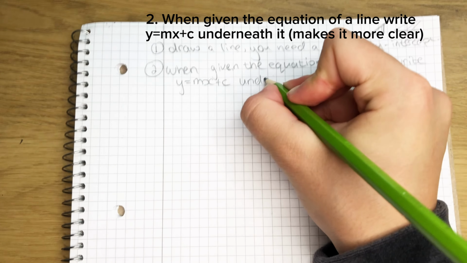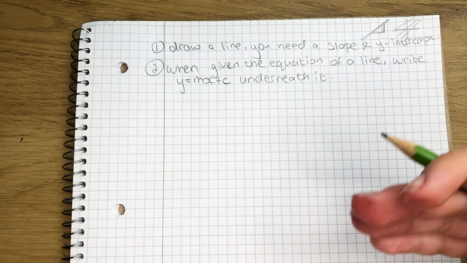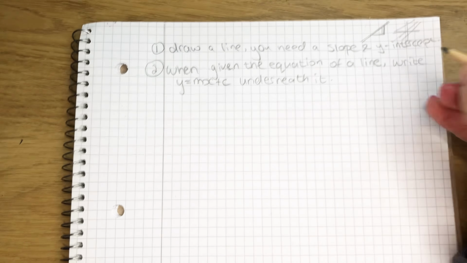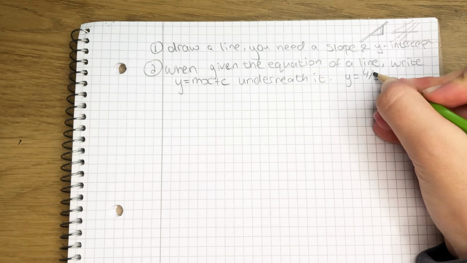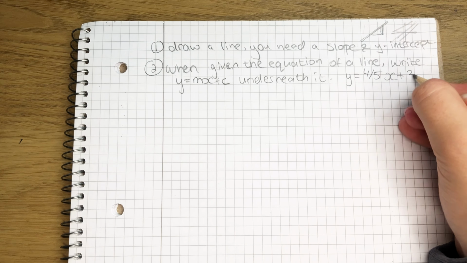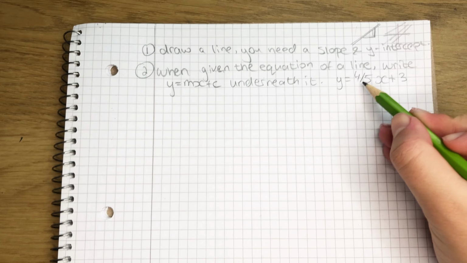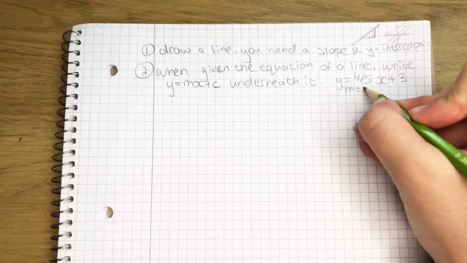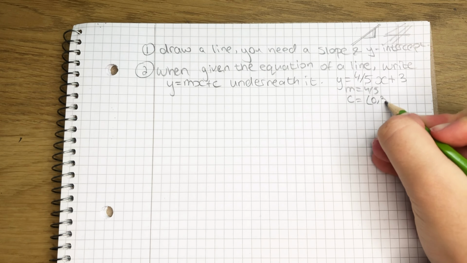Now, the reason why I would say for you to do this is because if you were given a question, for example, let me just write y equals 4 over 5 x plus 3. Now, we already know how to solve for this, don't we? 4 over 5 is our slope, and our y-intercept is 0, 3.